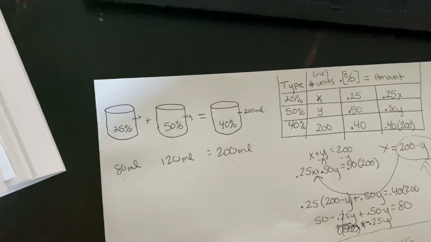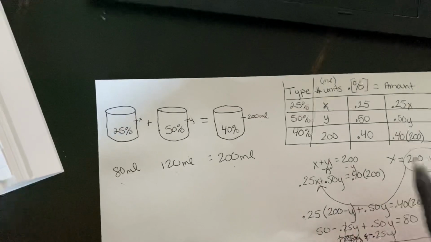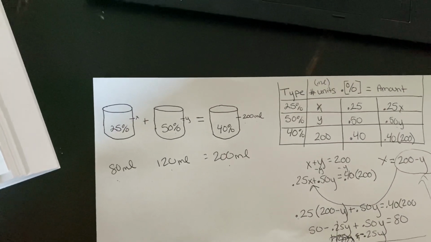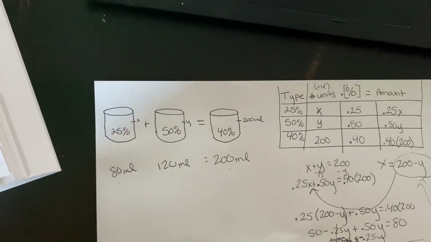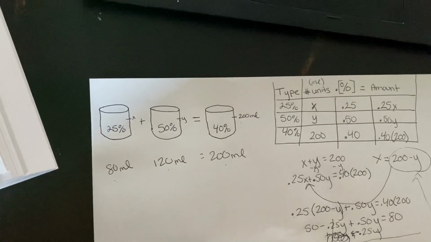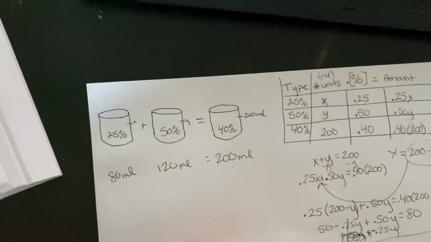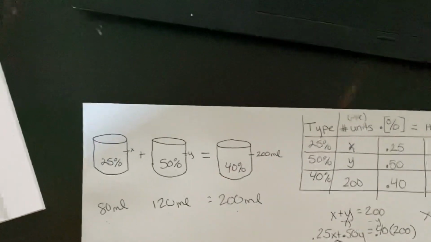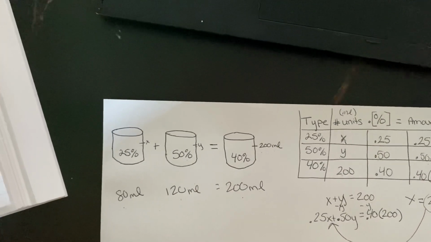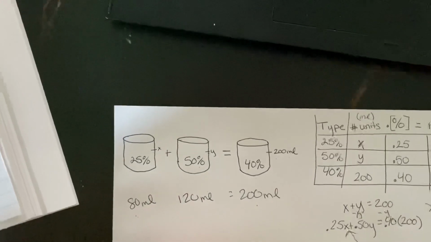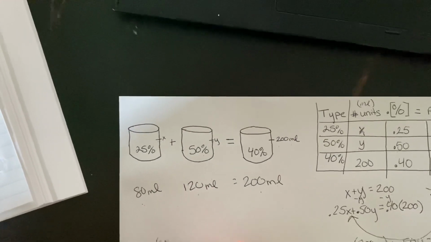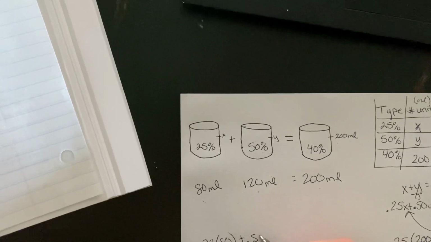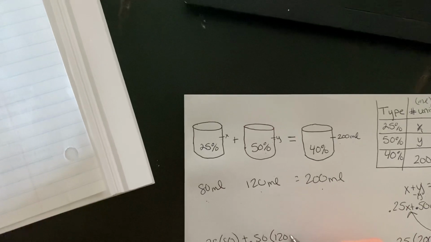And then we need a 40% solution, so to check that, we just do 0.25 times 80 plus 0.50 times 120.